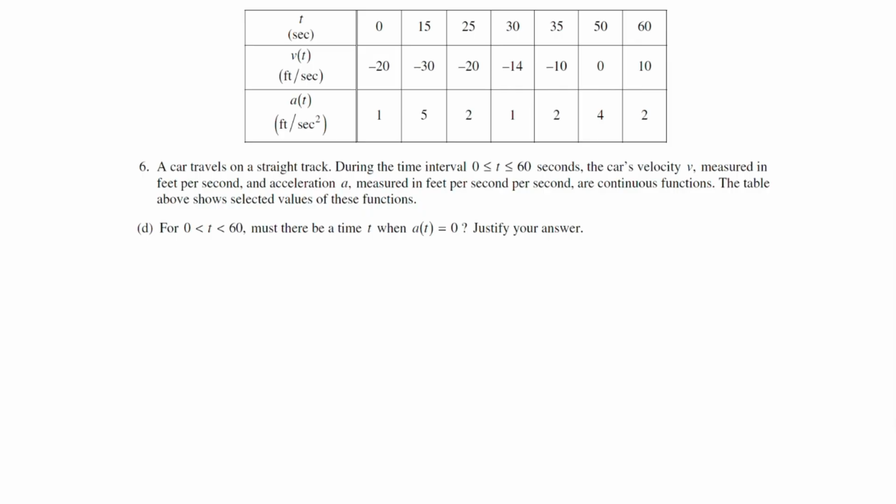And in part D here, we are asking if there's a time when the acceleration must equal 0. And so for this one, as long as we can show, since we know that the acceleration is a continuous function and the velocity is a continuous function, we can say v of t is continuous and differentiable.